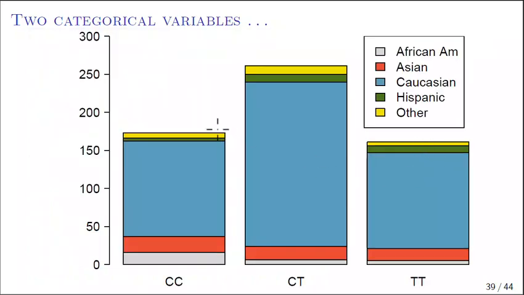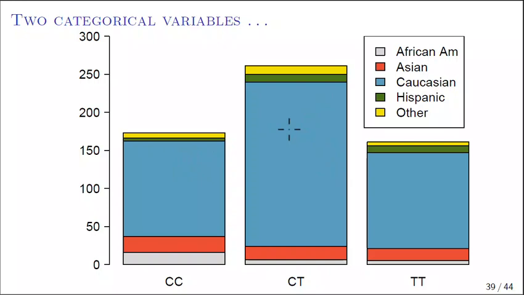We can also use charts to describe the relationship of two categorical variables, right? For example, here we use 3 types of genes, CC, CT, and TT. And then in these bars, we use different colors. Different color means different race. You can see here African American, Asian, Caucasian, Hispanic, and other, right?